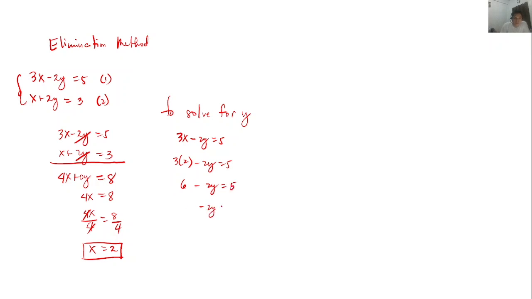Then negative 2y is equal to 5 minus 6, by the subtraction property of equality. Then negative 2y is equal to negative 1. Then divide both sides by negative 2. Cancel out negative 2. We have y is equal to 1 half. Therefore, we have the y value which is equal to 1 half. So our solution is 2 comma 1 half.